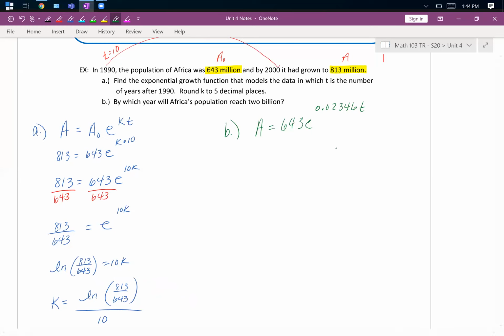So how could we rewrite 2 billion in terms of millions? It would be 2,000 million. Which I know is weird and awkward, but we need to make sure we're on the same number unit.